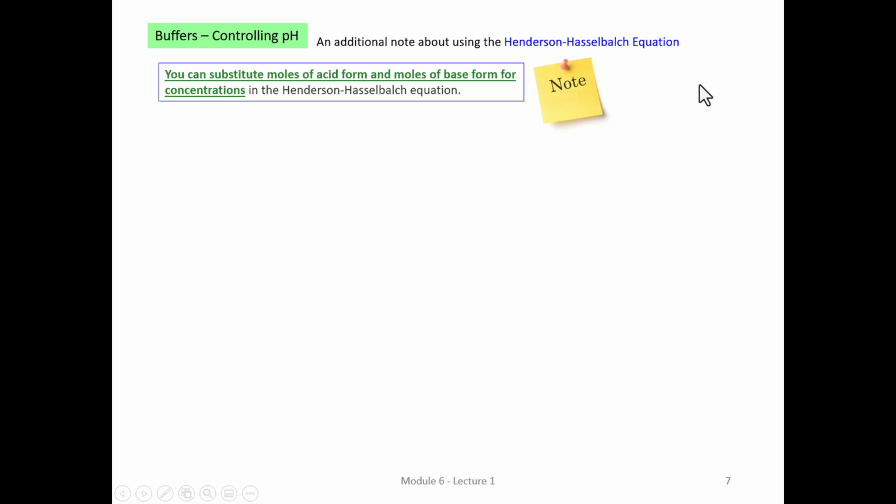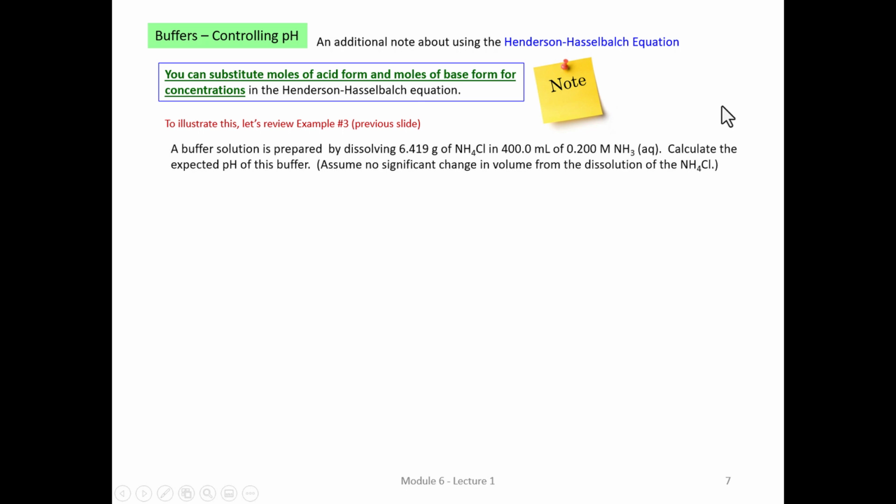Now, an additional note about using the Henderson-Hasselbalch equation. It is possible, instead of using molarities in that log term, to just use moles of the acid form and moles of the base form. We can illustrate this by looking at example 3 from the previous slide, this exact same example, only this time in the Henderson-Hasselbalch equation we'll put moles and not molarity.